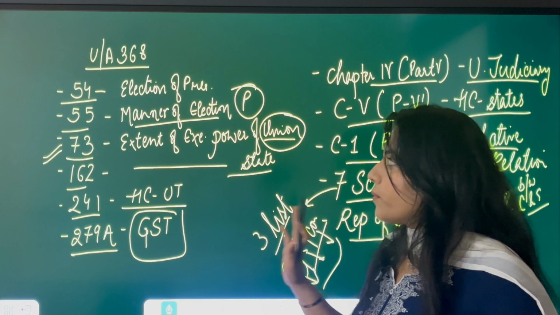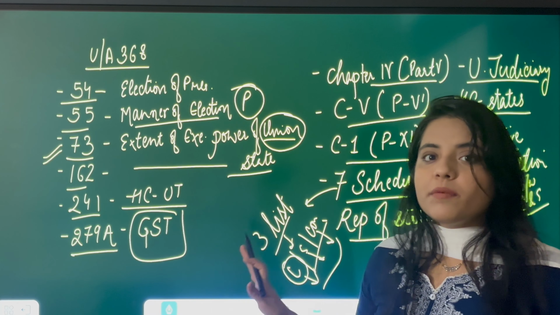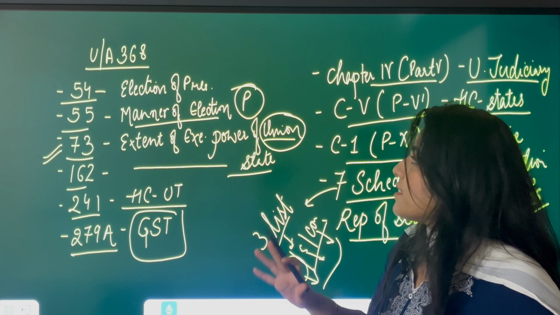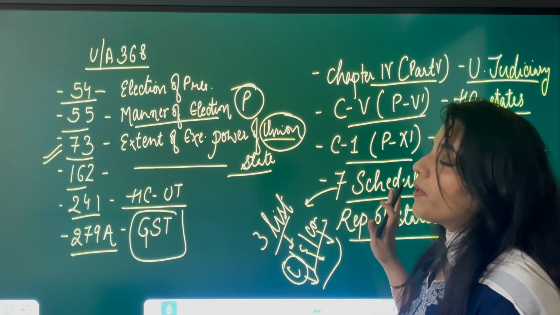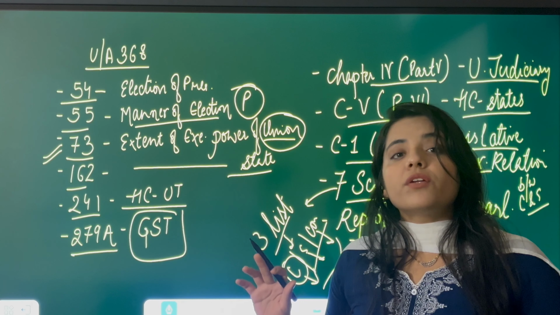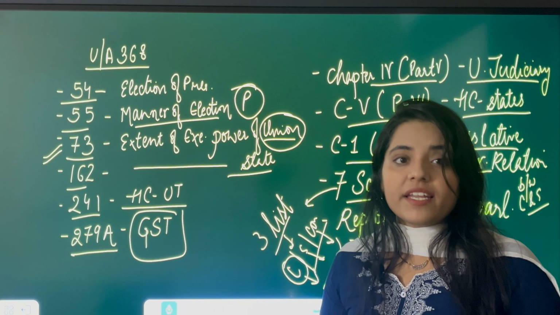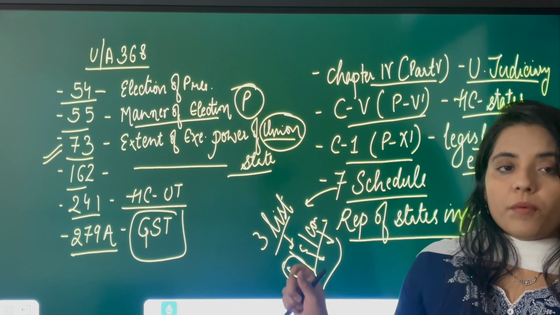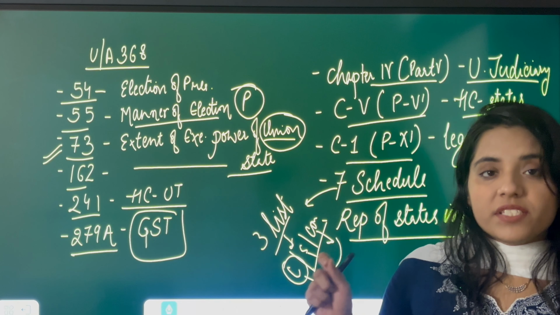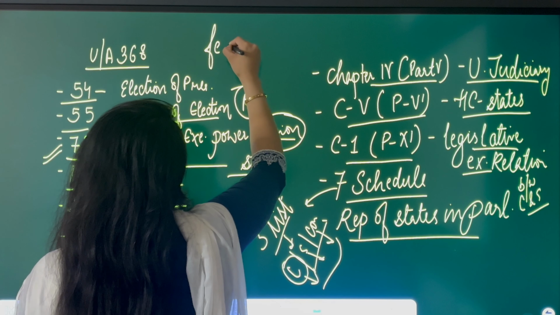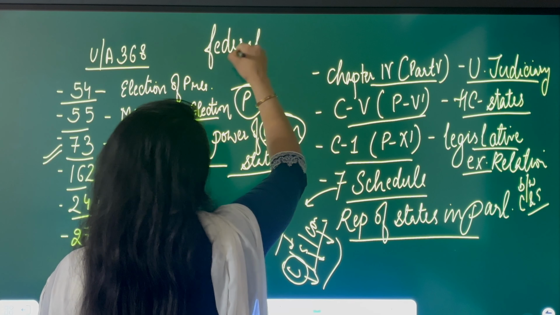Now, this is something that you need to remember, but one question that should come to your mind is, why are these the specific topics which need state ratification, and why is it so important that the Constitution under Article 368 has explicitly mentioned these topics? Because all these topics are dealing with the power of the state. As we all know, India is a federal nation, right?